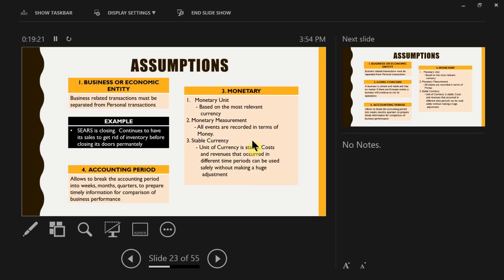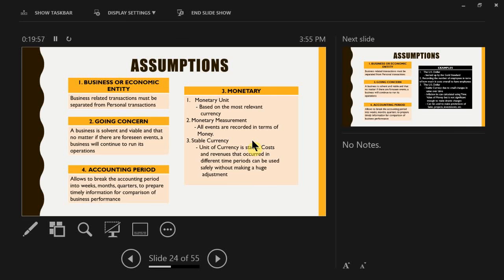So they continued to conduct their sales until the doors closed and they were completely out of business. They needed to find some way to liquidate their assets and get rid of their inventory. So they continued conducting their sales as usual, but with special discounts and whatnot. They still continued business until they officially closed the doors and could no longer do business anymore, okay? So that's that idea there.